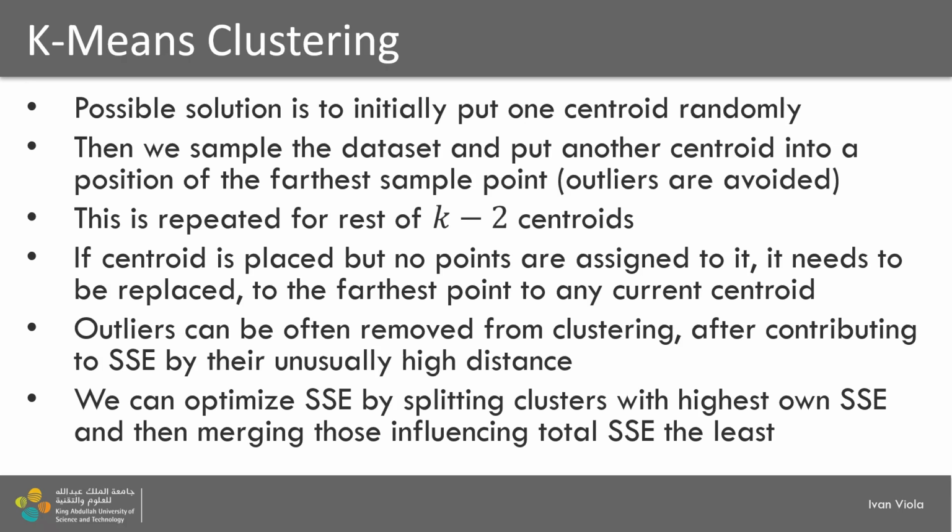And therefore, if we choose the furthest sample point, this will likely not lead to placing the second centroid above an outlier. Because if that were the case, and the outlier is very far away, then that centroid would become the centroid of a single point, the outlier, and that will form a single cluster.